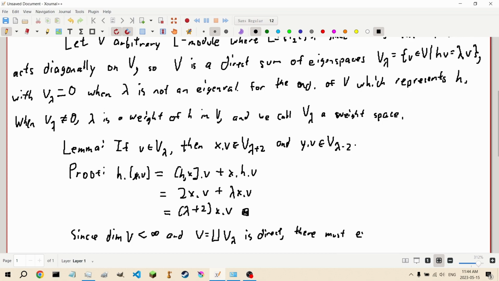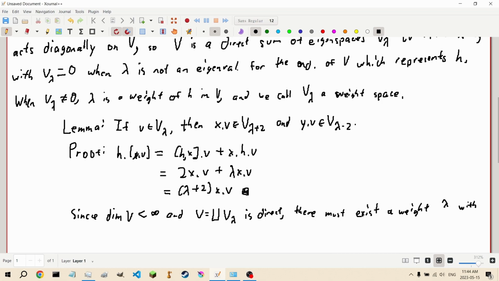There must exist a weight lambda so that the eigenspace of lambda is non-zero with V lambda plus 2 equals 0, so that X acting on v equals 0 for all v in our V lambda.